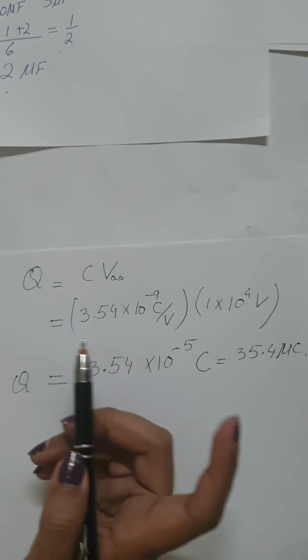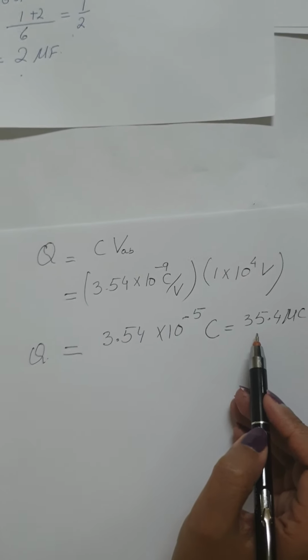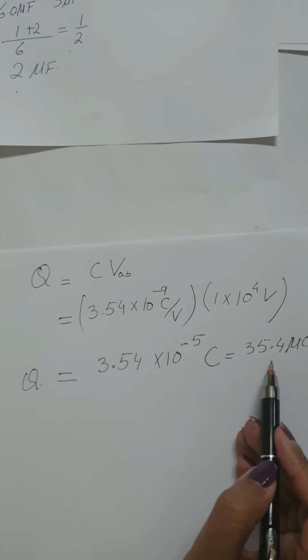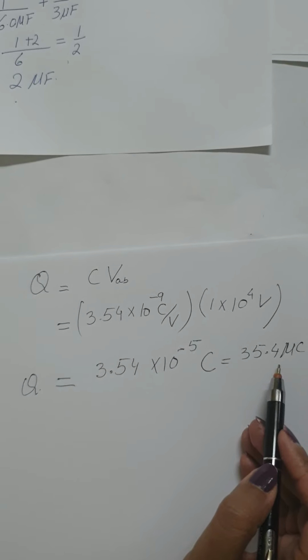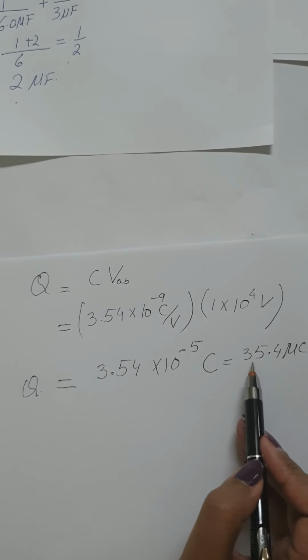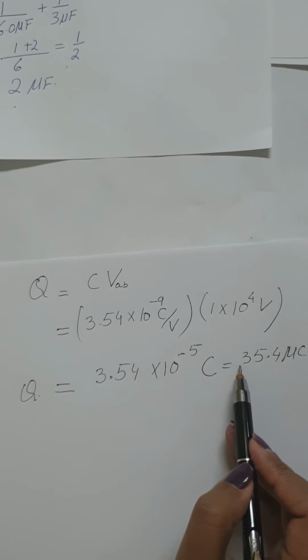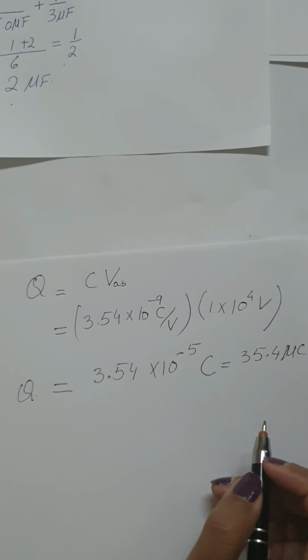The plate at higher potential has charge of positive 35.4 microcoulomb, and the other plate has negative charge of the same magnitude, minus 35.4 microcoulomb.